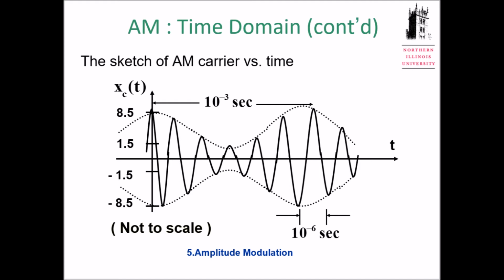A max will be A(1 plus m), and A min will be A(1 minus m). So those two you can find from the given values, right? A is 5. So here I have 5 times (1 plus 0.7) and 5 times (1 minus 0.7). So I have 8.5 as my peak, right? And 1.5 as my minimum value.